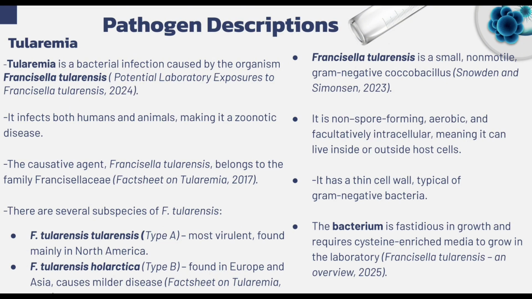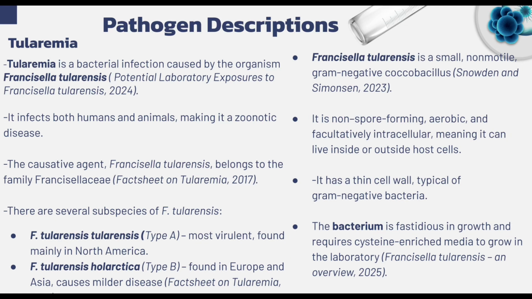Tularemia is a bacterial infection caused by the organism Francisella tularensis. It infects both humans and animals, making it a zoonotic disease. The causative agent, Francisella tularensis, belongs to the family Francisellaceae. There are several subspecies of F. tularensis.